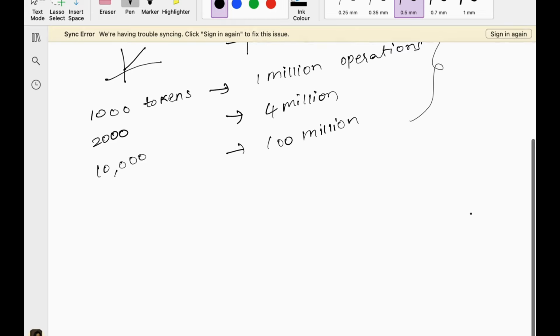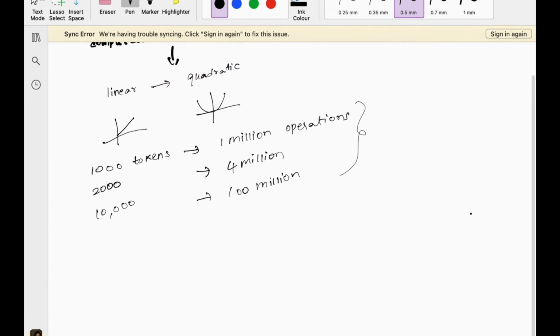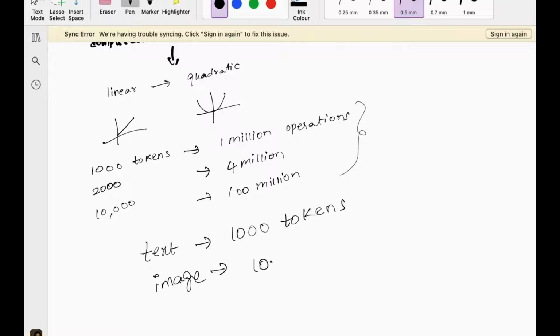Suppose I show you any book and say that in text you have around 1,000 tokens, then as an image, it can be only 100 vision tokens, right? So this is like 10x compression that we are seeing here.